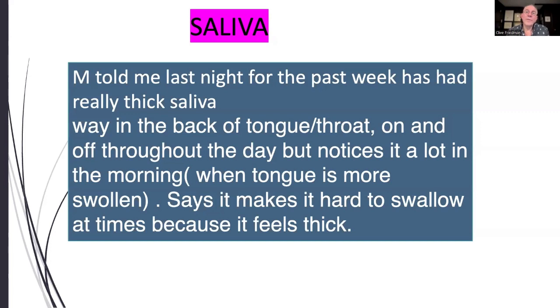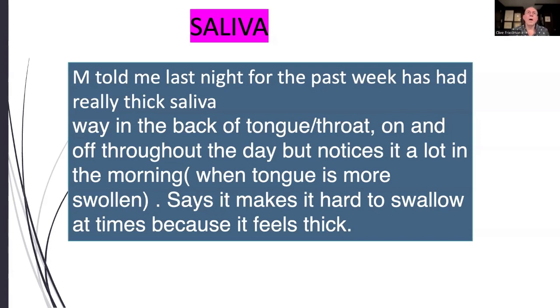So I get calls or letters from individuals almost 2 to 3 times a week. And here's one that I got just recently where the mom told me that the kid for the last night has had really thick saliva way back in the throat, notices in the morning the tongue is swollen, and it makes it very hard for him to swallow.